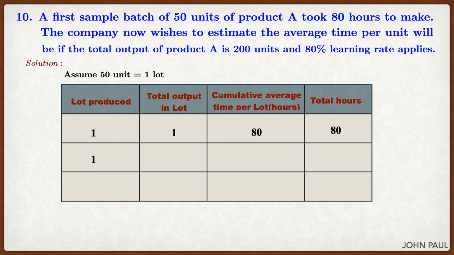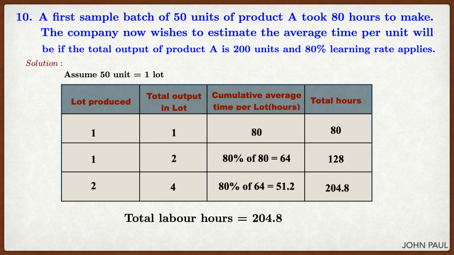Next is 1 plus 1, that is 2 lot, total of 2 lot. 80% of 80 is 64, 64 into 2, 128. 2 plus 2, 4, total of 4 lot. 80% of 64 is 51.2. 51.2 into 4, 204.8. Therefore, total labor hours equal to 204.8 hours.